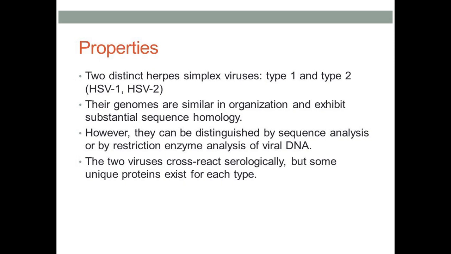Properties: two distinct types, herpes simplex virus type 1 and type 2. Their genomes are similar in organization and exhibit substantial sequence homology, however they can be distinguished by sequence analysis or by restriction enzyme analysis of viral DNA. The two viruses cross-react serologically, but some unique proteins exist for each type.